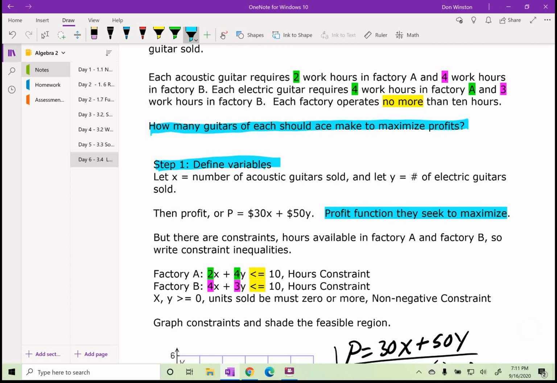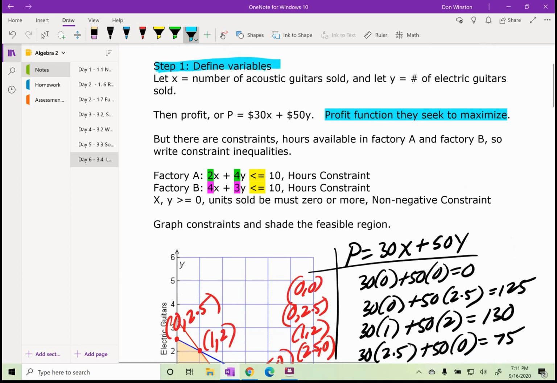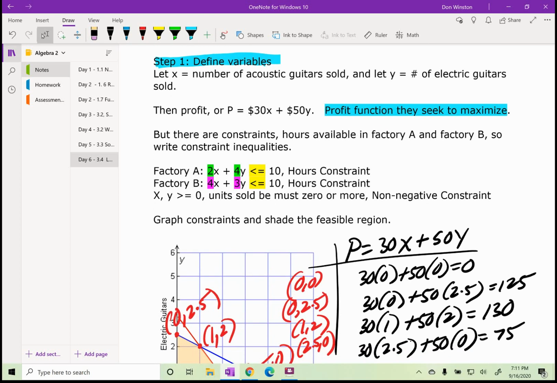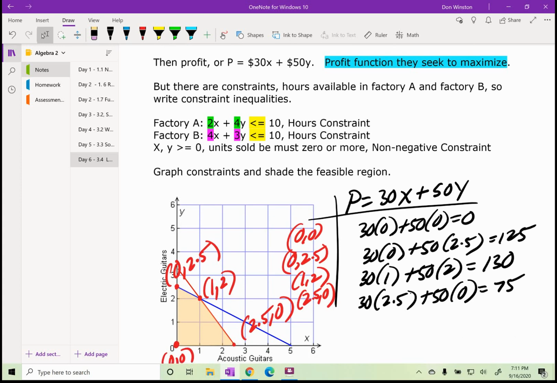And so linear programming works like this, okay? You define your variables, you figure out what it is you want to maximize, or maybe sometimes you want to minimize something. Then you figure out what your constraints are and you write them, and then you graph them. So we graph the constraints and then we shade the feasible region.